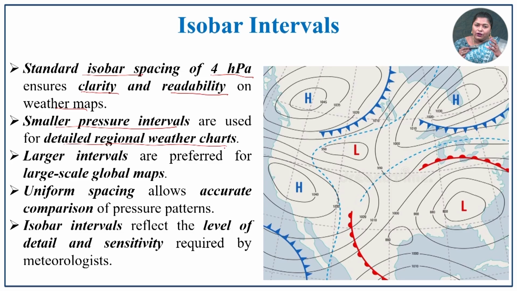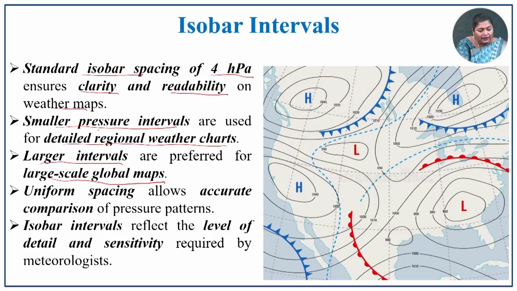So, if it is going to be a detailed weather chart, small pressure intervals are used, but if you are going to construct large scale global maps, how are the intervals chosen? The interval will be large in showing the global pattern, global map, and it will be a small interval in showing the regional weather map.